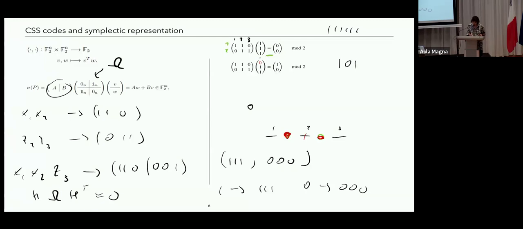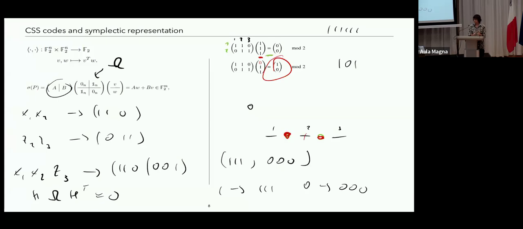Code words are all the vectors in the kernel, which means vectors that multiplied by the parity check are 0, and the syndrome itself, when it's non-zero, is the multiplication of the parity check by the state of your bits. So it's again a binary vector like that.